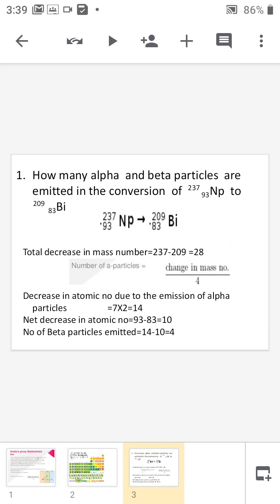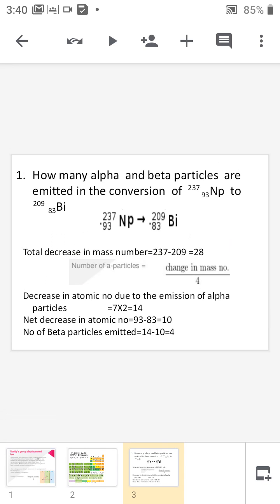Now we have to find out the total number of beta particles emitted by the parent nuclei. Before that we have to remember that if the parent nuclei emits 7 alpha particles, the total difference in the atomic number is 14. That is 7 into 2, equal to 14. So the total decrease in the atomic number of the daughter nuclei after alpha emission must be 14, but here it is only 10.